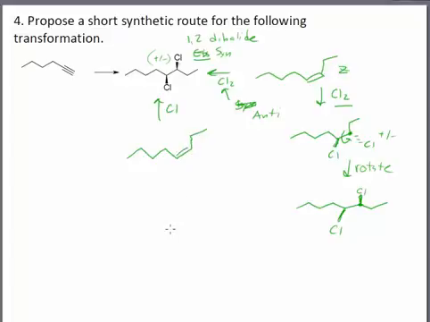So let's do that. And we know how to make Z-alkenes versus E-alkenes, so that's not really a problem. And of course, we can also observe that there are 8 carbons here. There are 6 carbons here. So we need to add 2 carbons somehow. That's pretty simple to do. And of course, making the Z-alkene is just H2 Lindlar's.